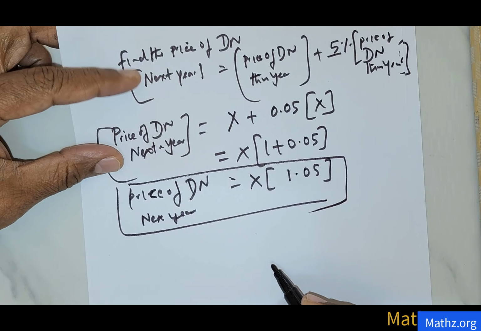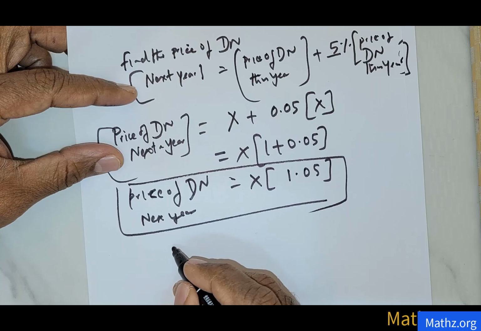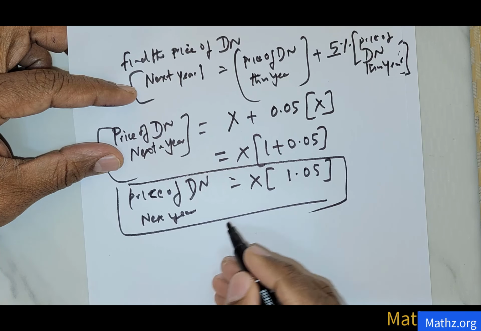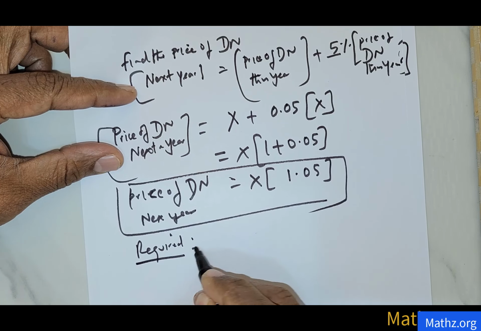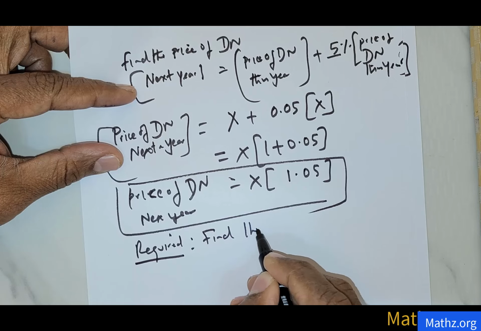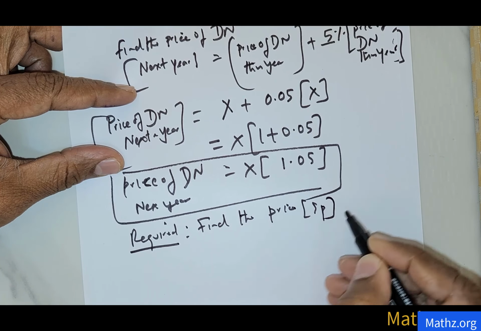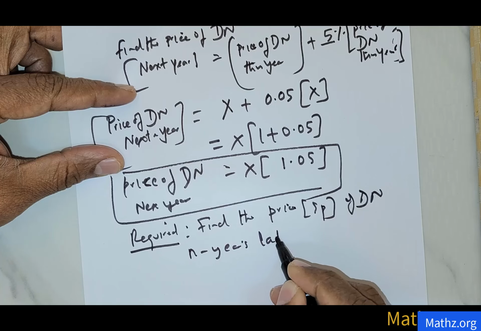Now what is asked in the question? The question says find the price for the diamond necklace n years later. So what is required? When I say price, it means selling price. Find the price of the diamond necklace n years later.